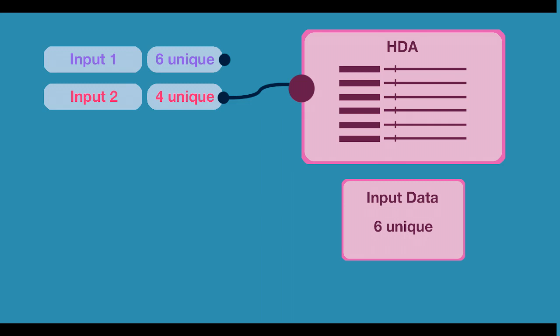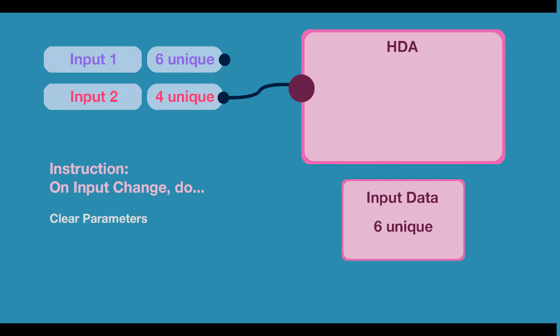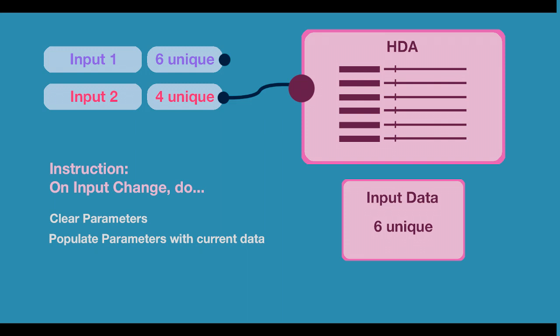So in the script section in our HDA, we tell it some instructions to do upon the input change. We tell our HDA to clear the parameters, populate the parameters with the current data, and only then would the nodes inside the HDA get cooked and/or updated.